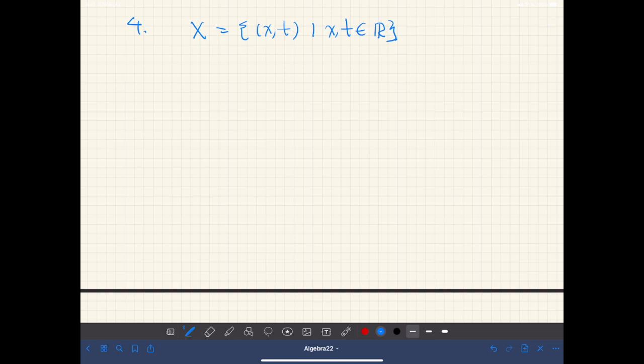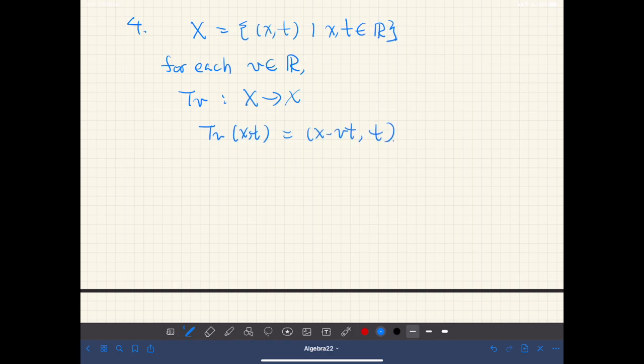Then for each real number v, we define the mapping from X to X as T_v of (x, t) equals (x minus vt, t). So T_v is a mapping parameterized by the real number v.